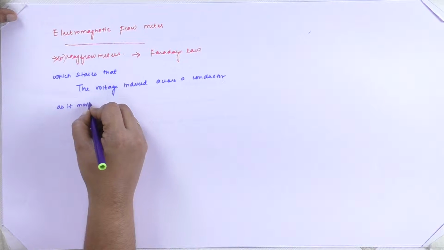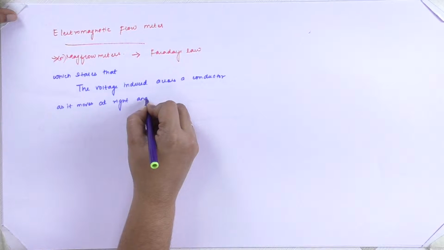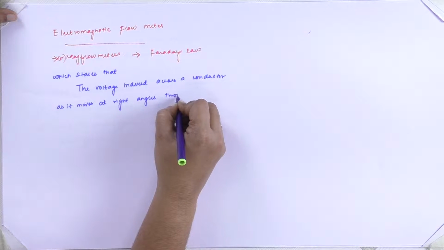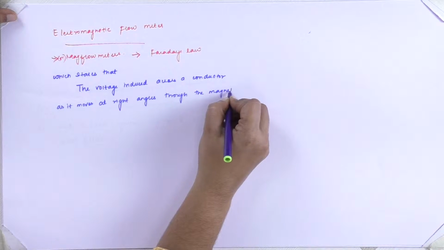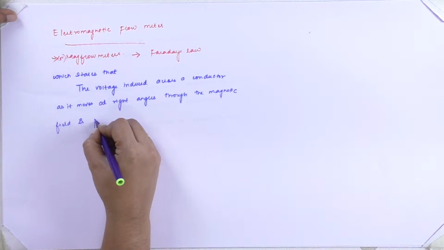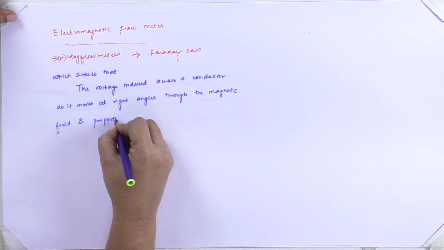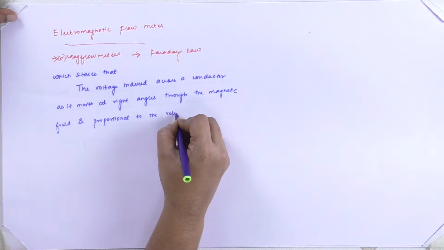moves at right angles through the magnetic field is proportional to the velocity of the conductor.